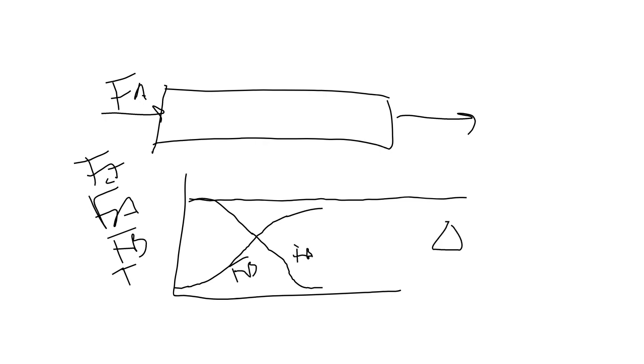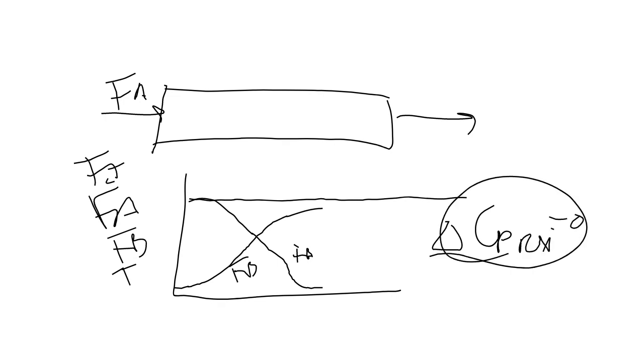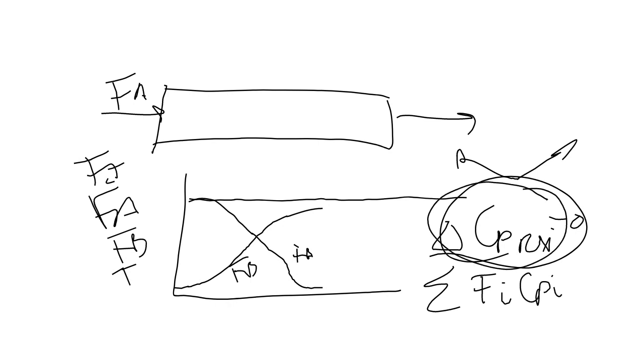But if the del Cp of the reaction is equal to 0, you've got two options of calculating that energy carrying capacity, and by that I now mean this term, sum of Fi Cpi. If del Cp reaction is equal to 0, and we work with an average Cp value, so the fact that the temperature is increasing, I am not taking that into consideration when I calculate my Cp value.